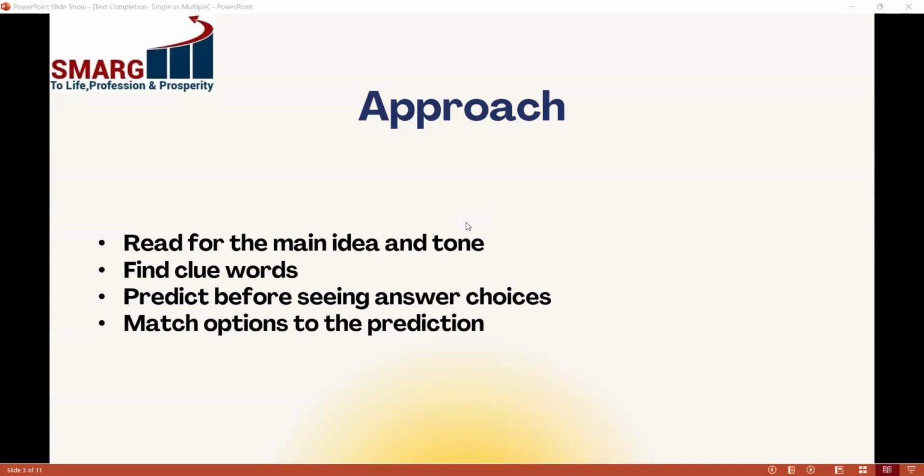So why? Before looking at the choices, you should very quickly paraphrase and try to come up with a meaning of what the sentence is trying to say. What sort of words am I looking for? That will really help you out. And then you look at your options, because especially with multiple blanks, this can get too confusing.